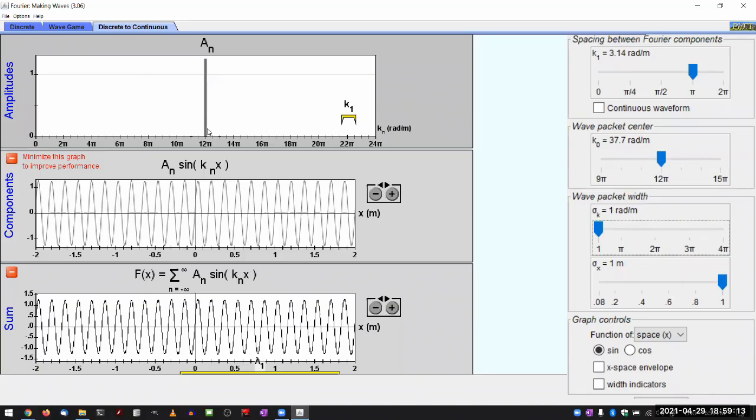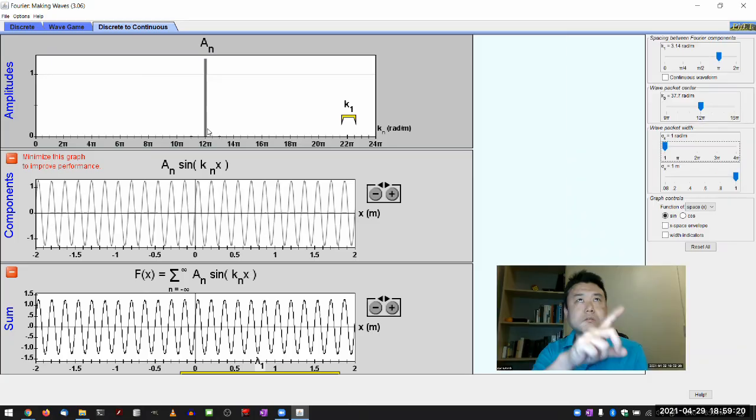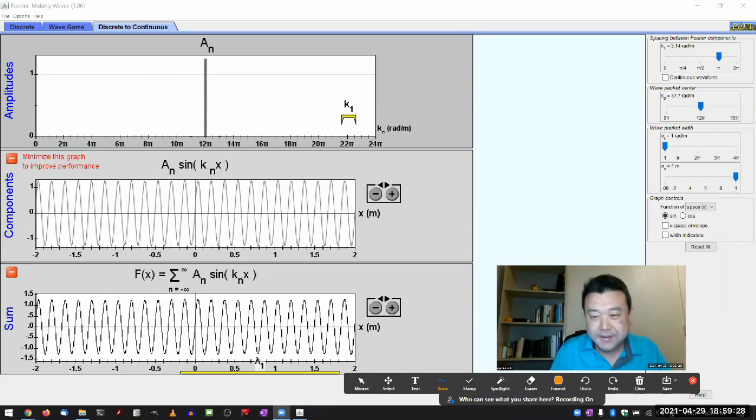Let me write it down. The de Broglie relationship, which relates momentum to wavelength, or wavelength to momentum.